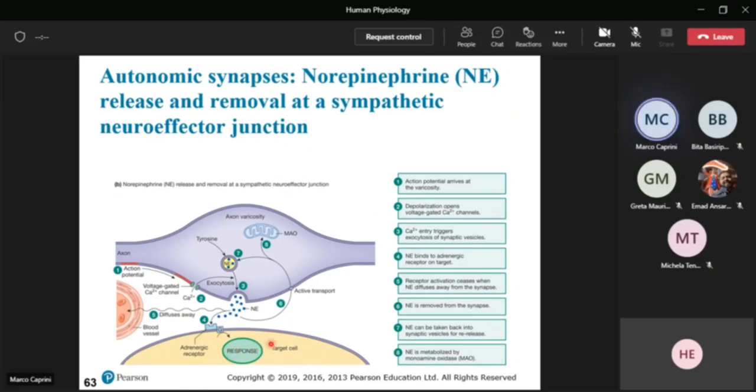And there are differences between skeletal muscle and smooth muscle in terms of where the calcium comes from. But in both muscles, and also in the cardiac muscle, the calcium is extremely important.